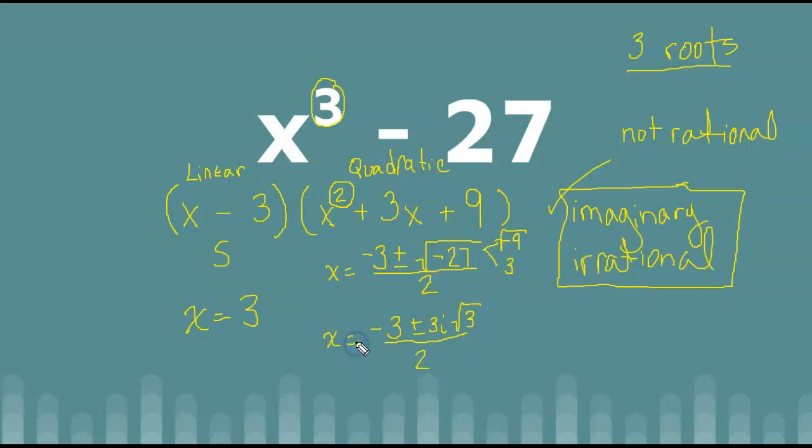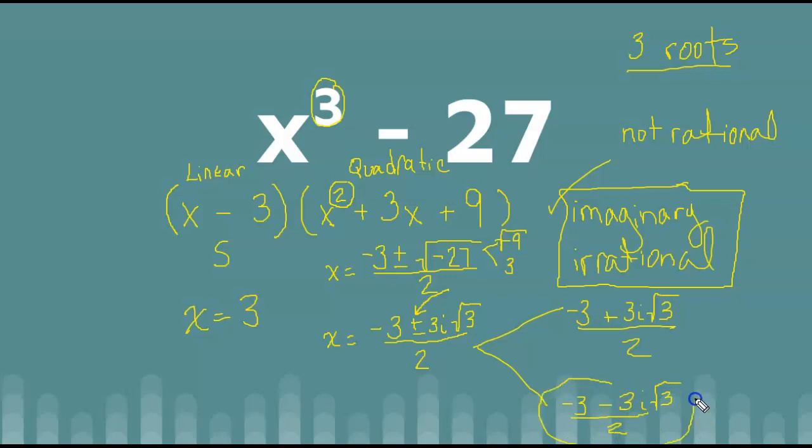And then just like with quadratics, don't forget this isn't one root. It has plus or minus. That plus or minus means it's actually two separate roots. It's -3 plus 3i square root of 3 over 2, and it's -3 minus 3i square root of 3 over 2.